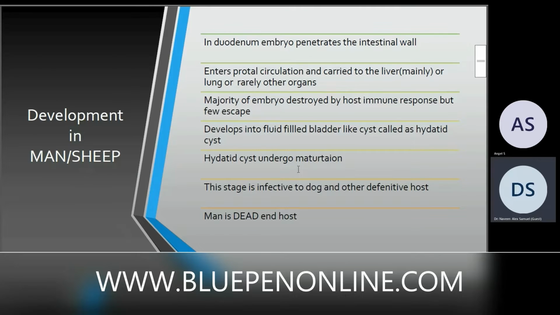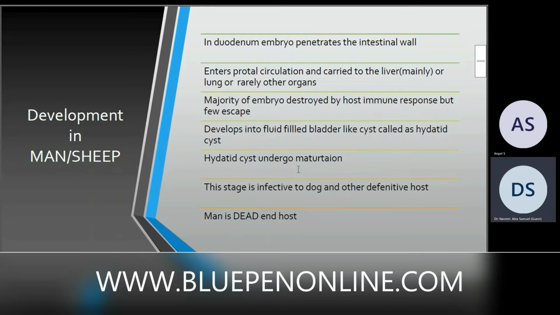The majority of the embryos are destroyed by the host immune response, but a few escape destruction. The few escaped embryos develop into a fluid-filled bladder-like cyst called a hydatid cyst. The hydatid cyst then undergoes maturation within the organ. This stage is infective to the dog and other definitive hosts.